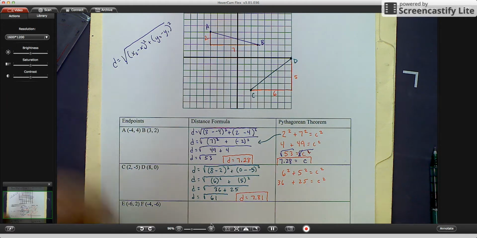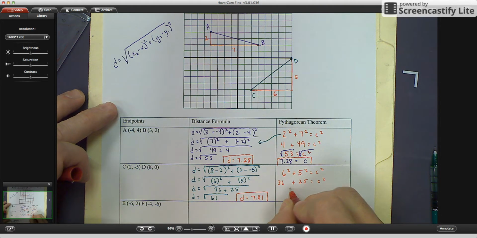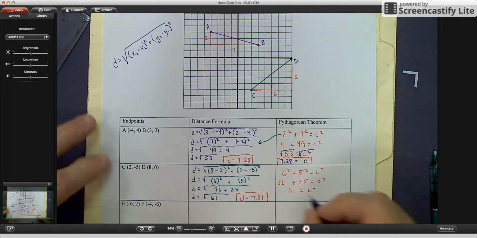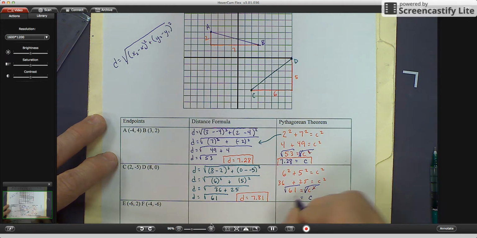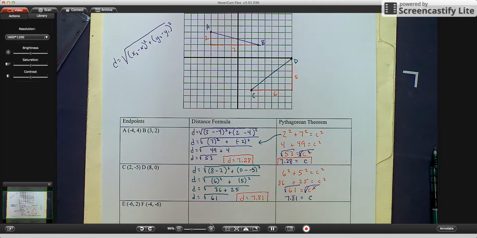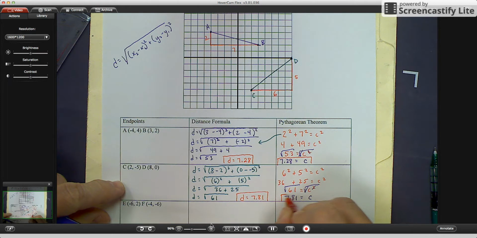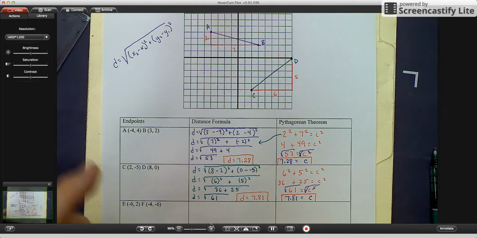And then 36 plus 25 is 61 is equal to c squared. I'm going to square root my c squared. Cancel those out. You get c is equal to square root 61, and you get 7.81. So again, 2 different ways to find the distance.